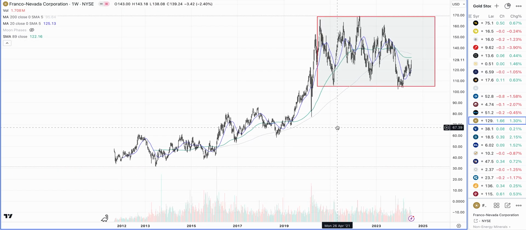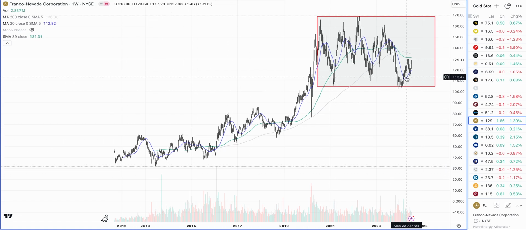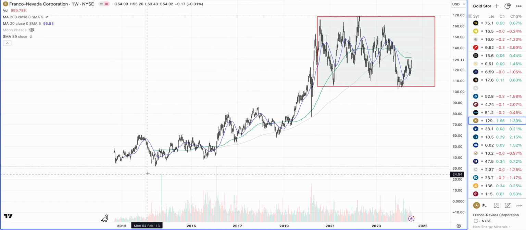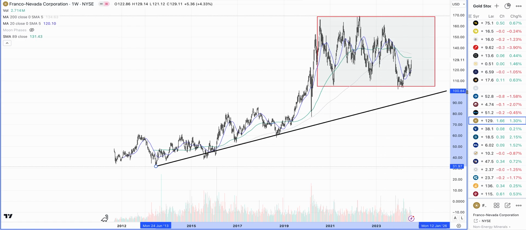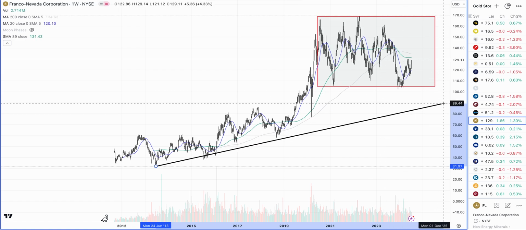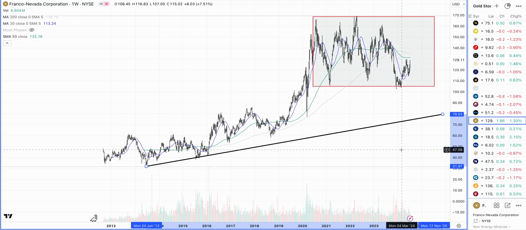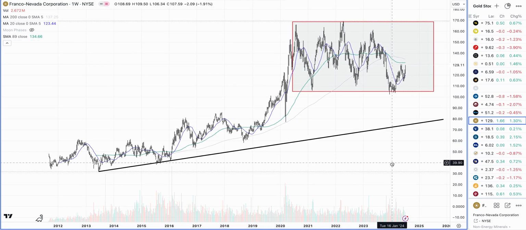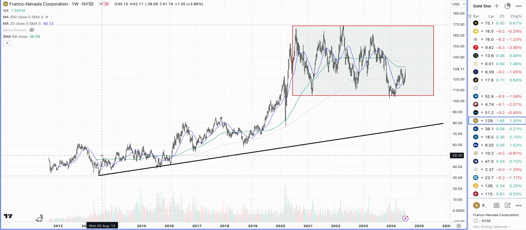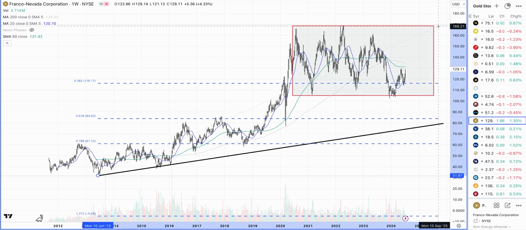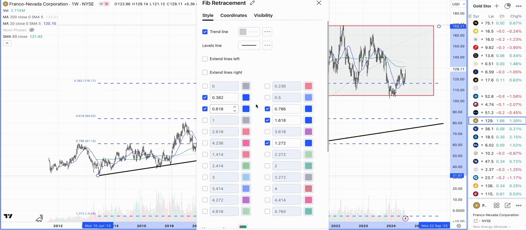Look at this. We've got a really nice trend line going on for it as well. So it will be like this. Well, here we go. The price is much further. I think it did a 50% retracement. Let me actually draw this like this. And here we go, 50%.